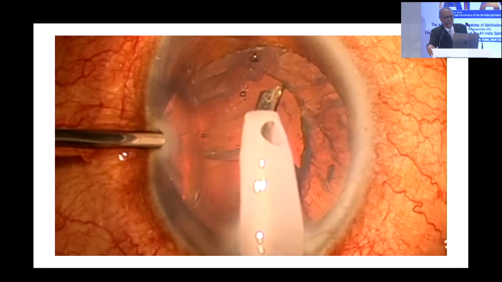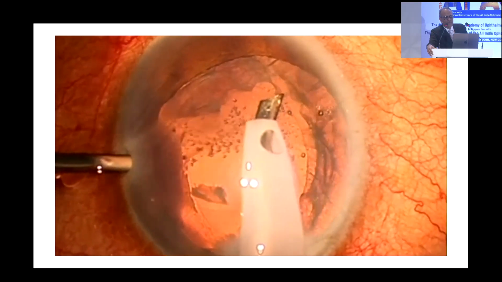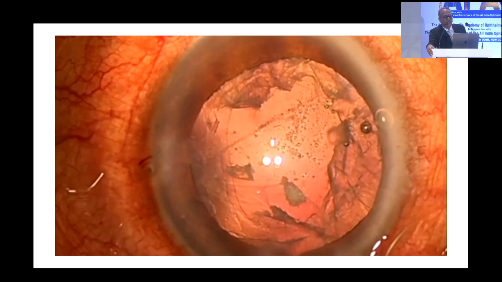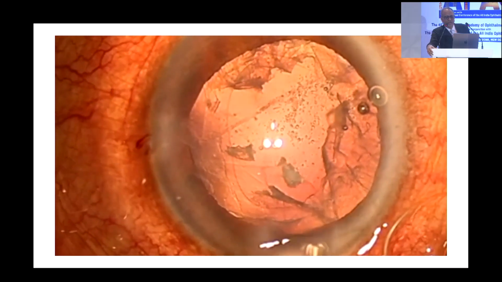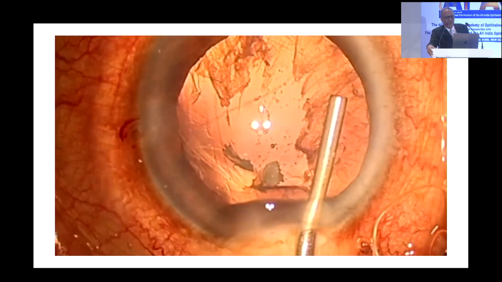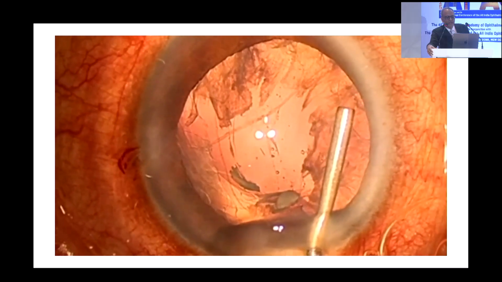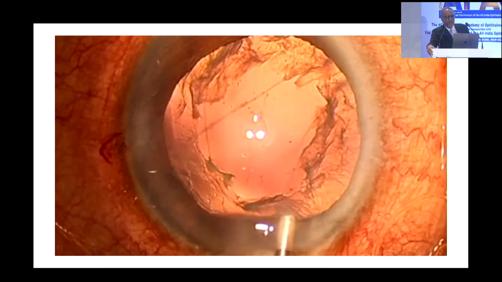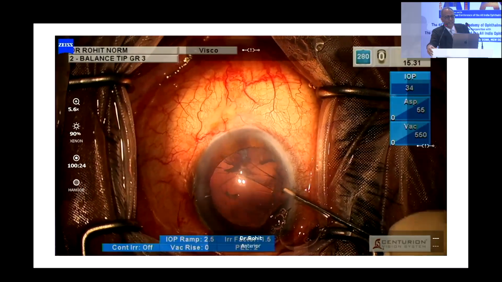Stable chamber settings. These three nuclear fragments are already there. So Gills' technique of dry aspiration would be done by us. One small nuclear fragment will come out. What will remain are the two ones. And then, dry aspiration.